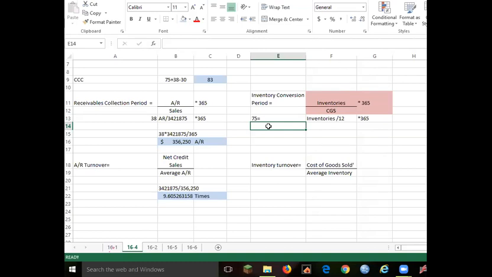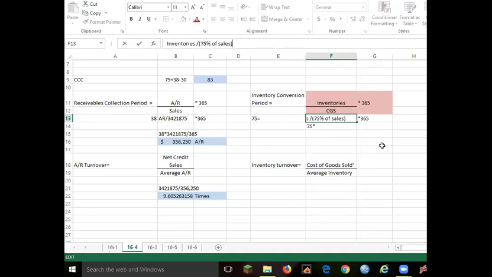So by simple calculation, we get inventories. What is the procedure? That is 75 multiplied by cost of goods sold. Cost of goods sold is 75% of sales.